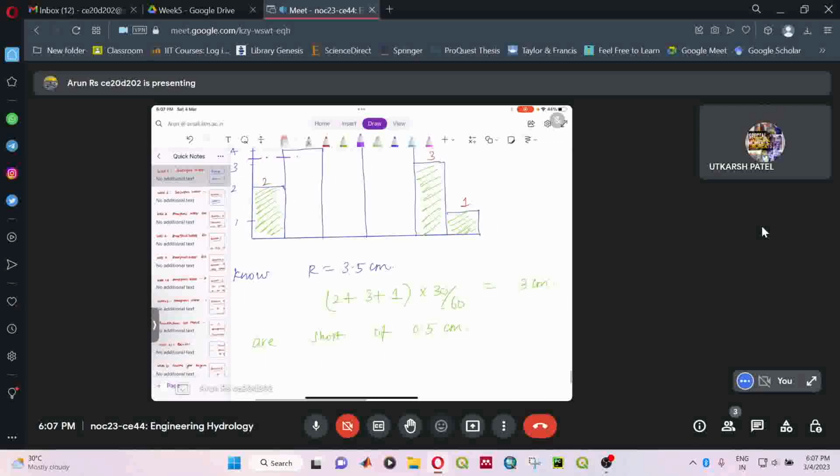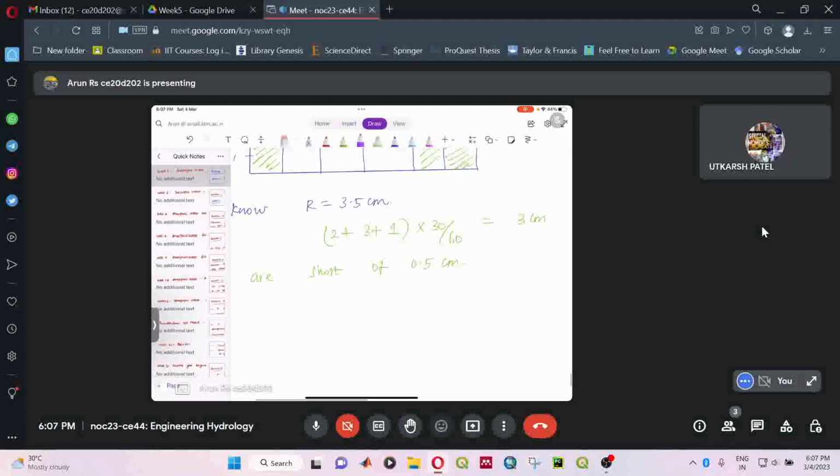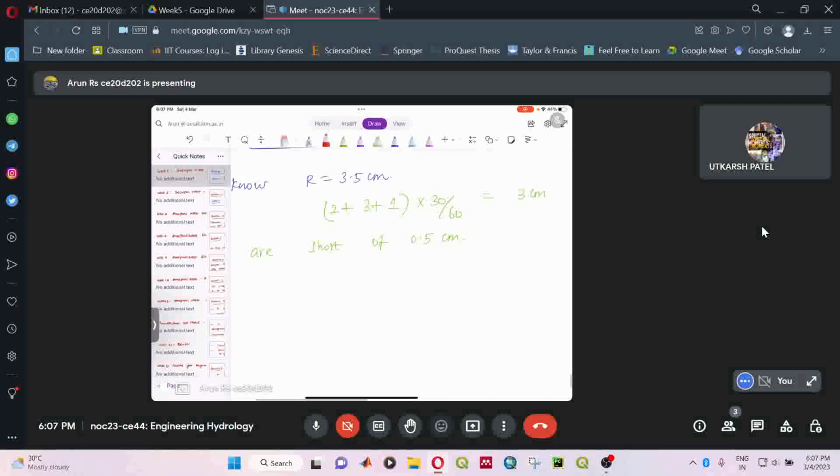See, our runoff is 3.5 centimeters, right? Yes, sir. And if you see the equation of phi index, precipitation minus phi t should be equal to runoff, right? Yes, sir.